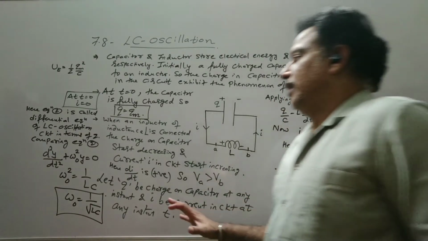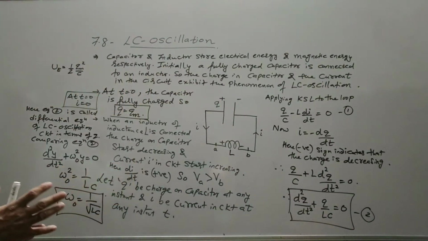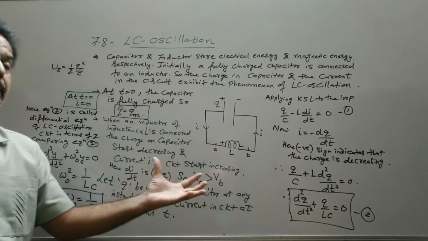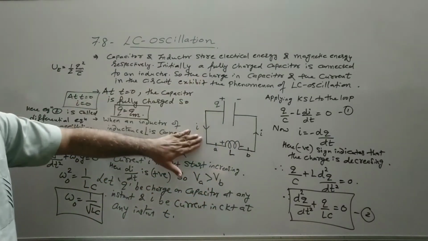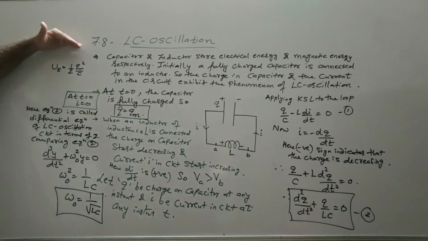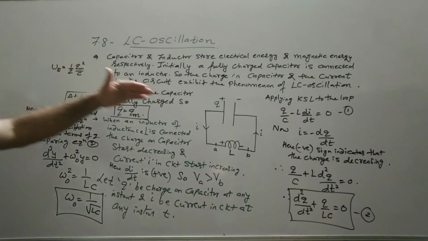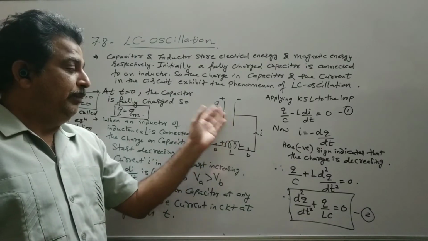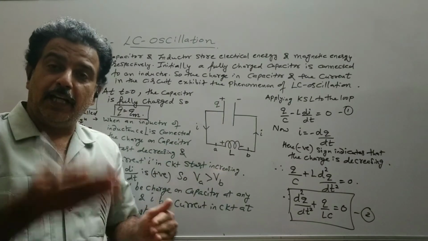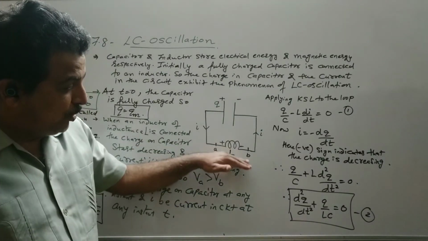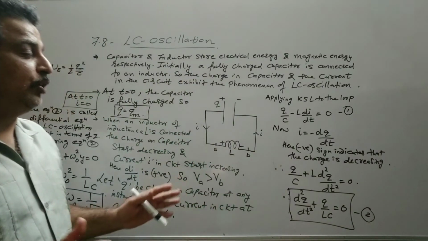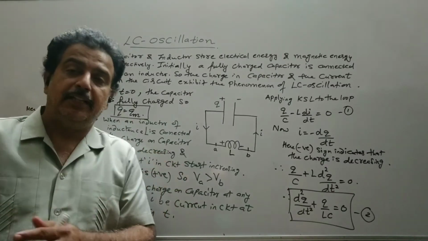So mathematically it has been proved that when a fully charged capacitor is connected to an inductor, the charge decreases and the current in the circuit increases, or in other words, the electrical energy, which is maximum, starts decreasing. So electrical energy will be converted into magnetic energy, and now if we assume there is no loss, then again the magnetic energy should be converted into the electrical energy, assuming there is no dissipation of heat or no losses, which is an ideal situation.